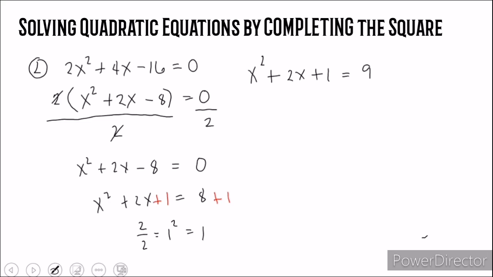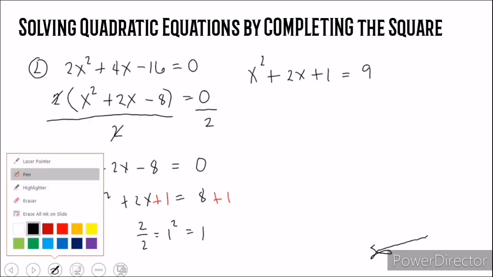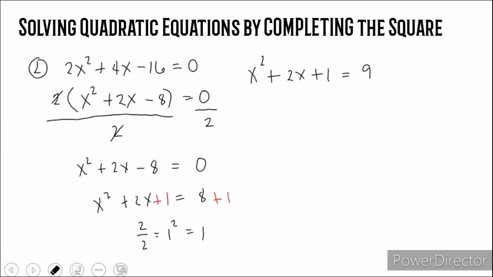And then, factor na lang ulit natin ito as a square of a binomial. So, it will become square nung x squared ay x, square nung 1 ay 1, and then since plus yon, we have plus, and then square, which is equal to 9.